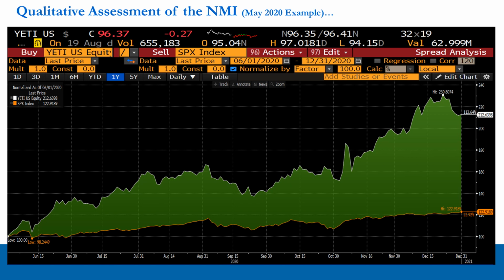And the S&P 500, from first week of June till the end of the year, was up 23%.